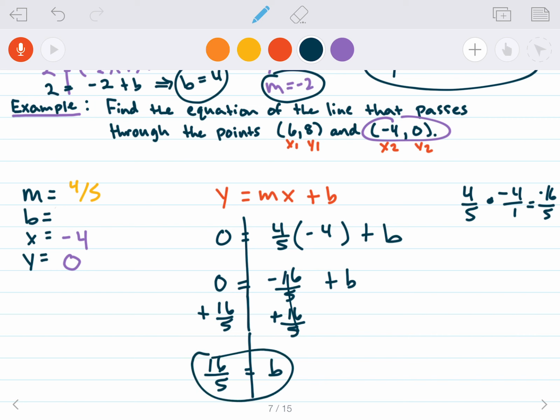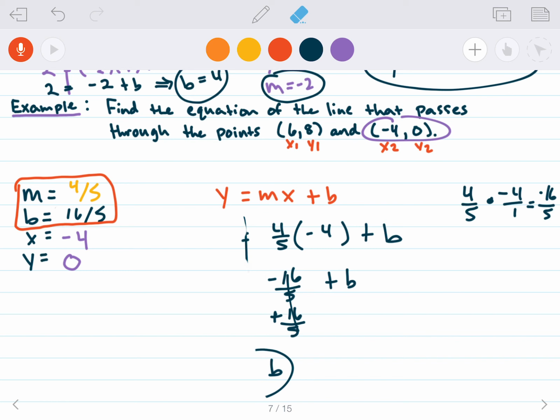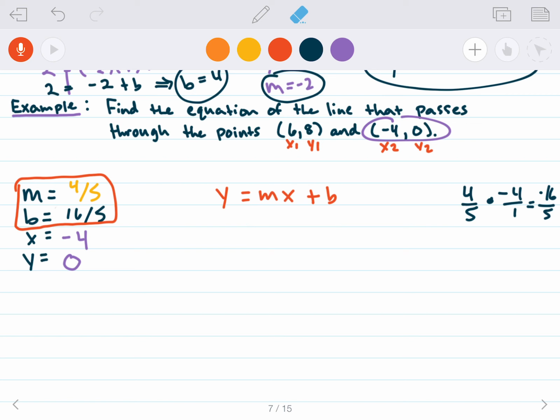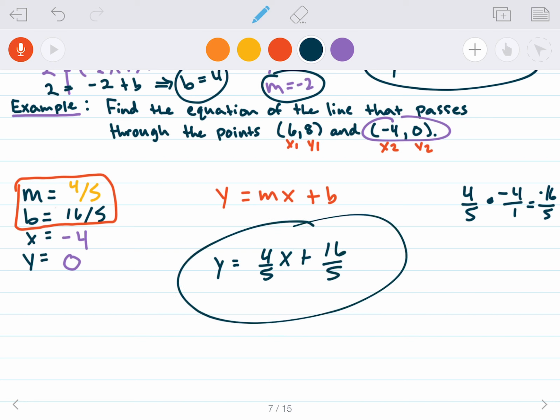So that is my answer here. And now that I have m and b, those are the things that I need to make the equation. So let's erase this. So I'm leaving y alone. I'm subbing in my m, which was 4 over 5. I'm leaving x alone, and I'm subbing in my b, which is 16 over 5. This would be my final answer there.